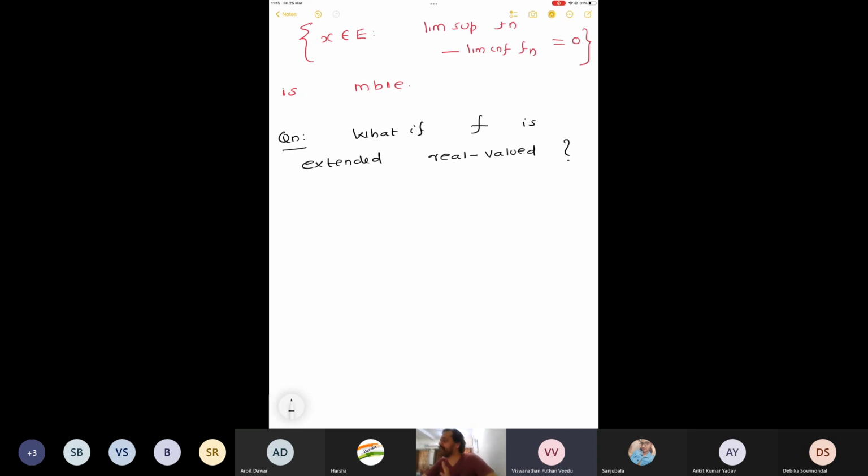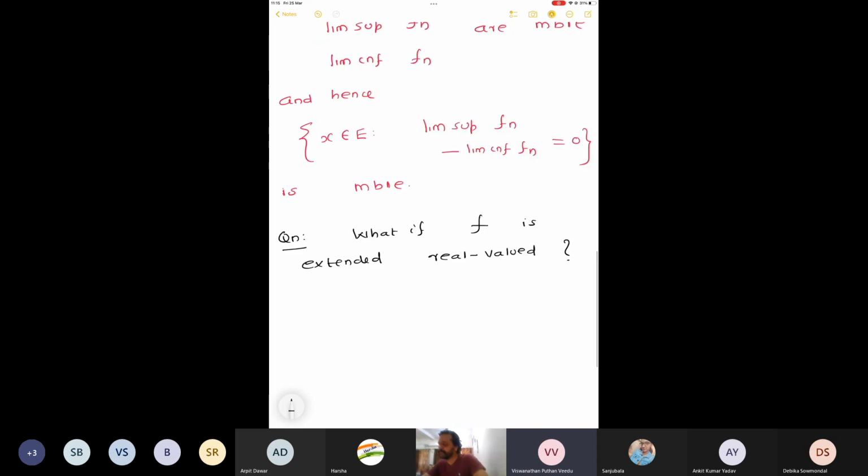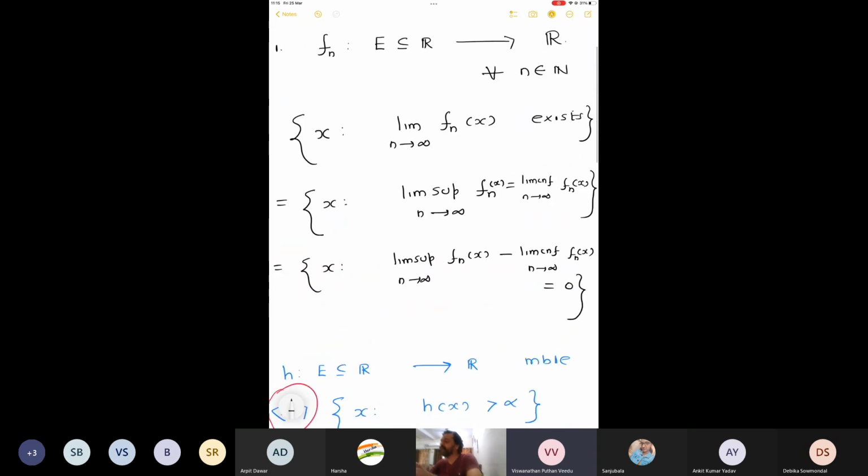The issue is, when you talk about extended real valued, even if the limit is infinity or minus infinity, the sequence is convergent, not divergent. So it may be possible that both lim sup and lim inf are infinity, and it may be possible that both lim sup and lim inf are minus infinity.